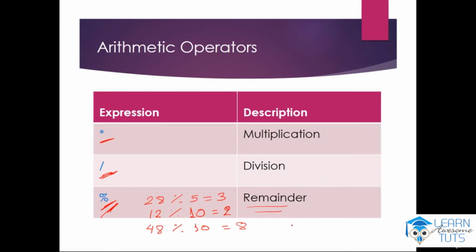And one final example, 51 remainder 5 equals 1. I'm sure that after these examples you understood the remainder.